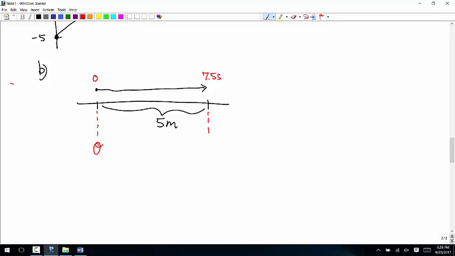This time this is 0, and the positive direction's this way. So the label at that second instant, the position label is 5 meters in the positive direction from 0, so positive 5. So the coordinates are 0, 0. That's the first one. And the second one is 7.5, 5.